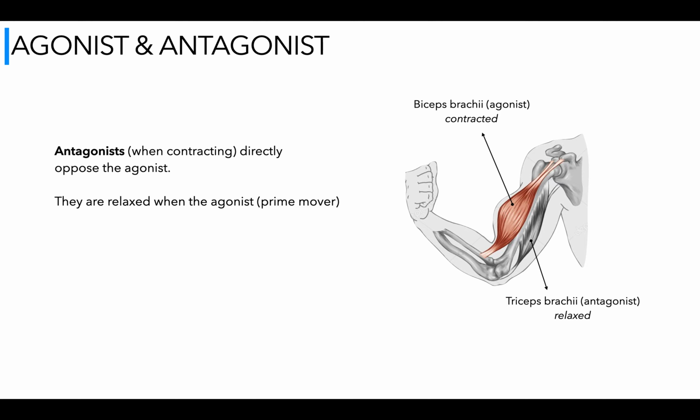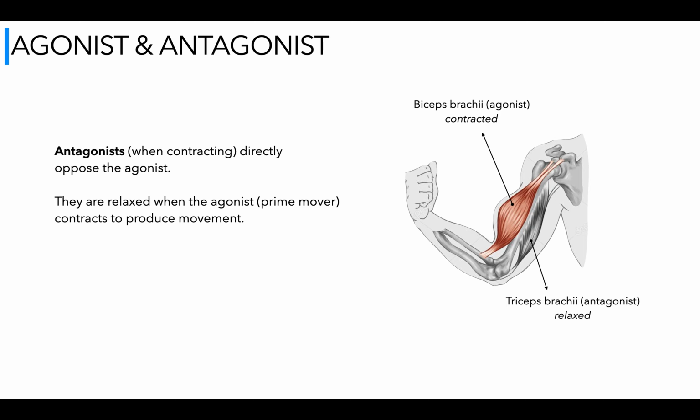As our biceps brachii is contracting, and in another video we'll go into how it's contracting, and in the diagram you can see it's contracting concentrically, the triceps brachii must be relaxed in order to allow movement.